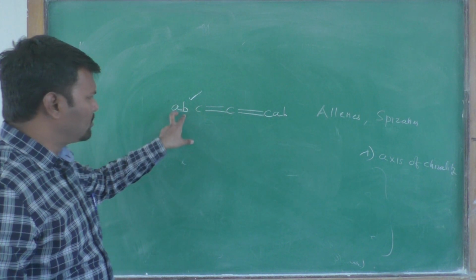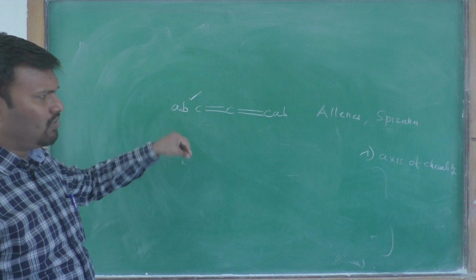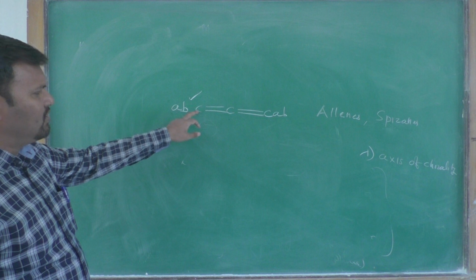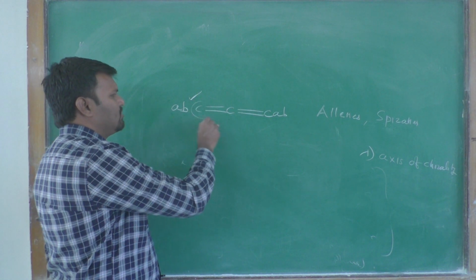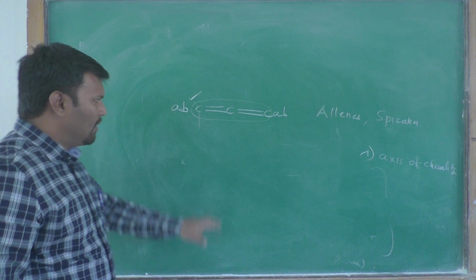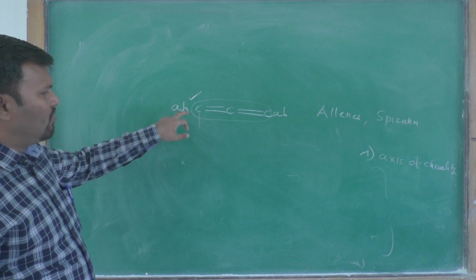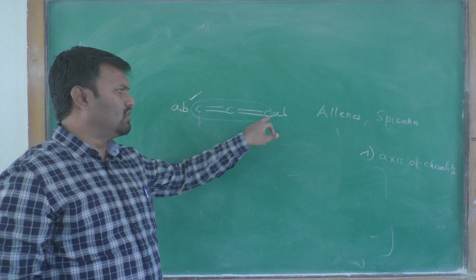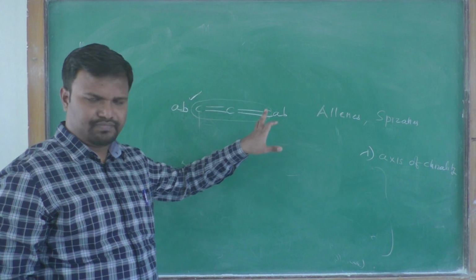The condition for optical activity in allenes is that at this terminal, the groups attached on this carbon should be different, and the groups attached to the other terminal carbon should be different.